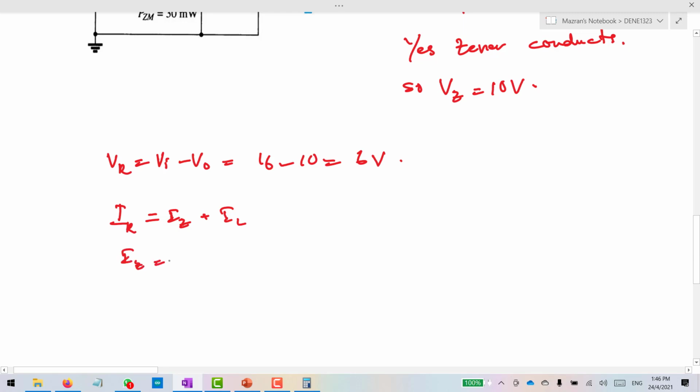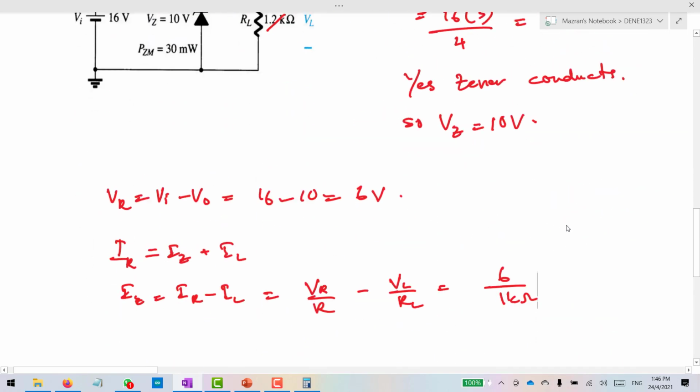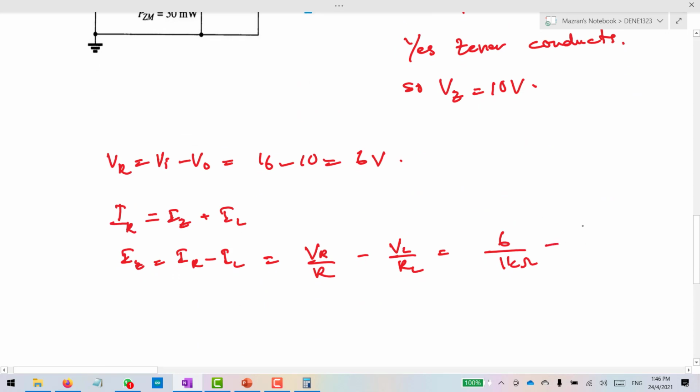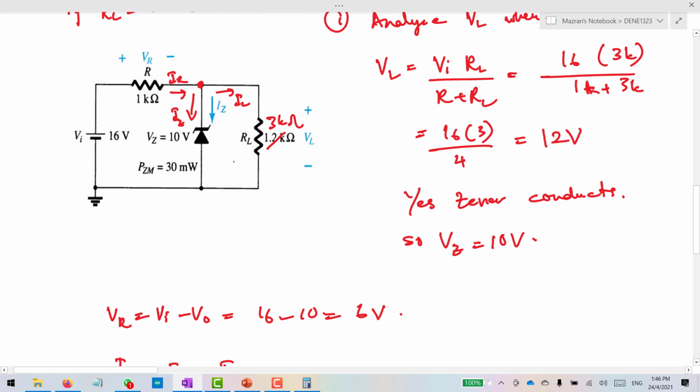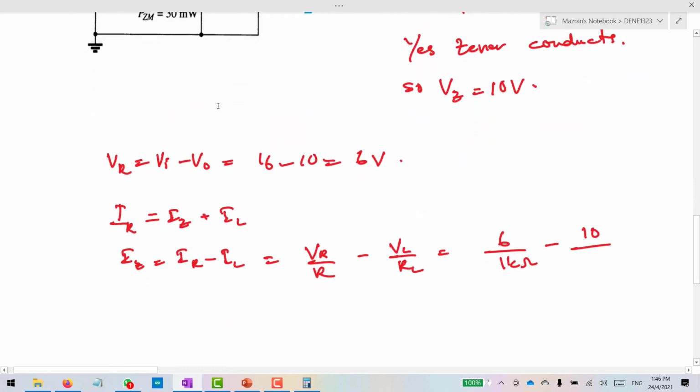So IZ equals to IR minus IL, which is equals to VR over R minus IL. What is IL? VL over RL. So VR just now is 6, R is 1 kilo ohm, it's correct. And then VL is 10. Why VL is 10? Because it's parallel to the diode. So VZ is 10, VL is 10.